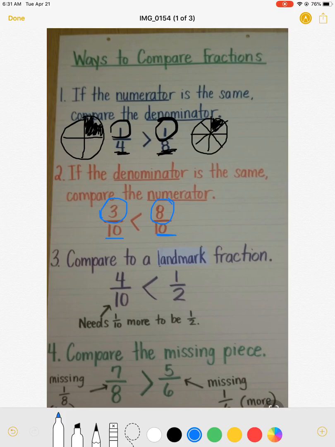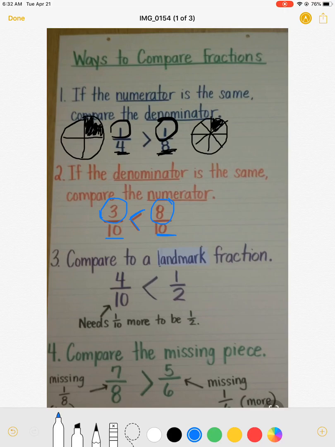So think, would you rather have 3/10 of a candy bar or 8/10 of a candy bar? And why? If you love candy, you would rather have 8/10. So 3/10 is less than 8/10. Because the numerator 8 is greater than 3. And that means you get more.